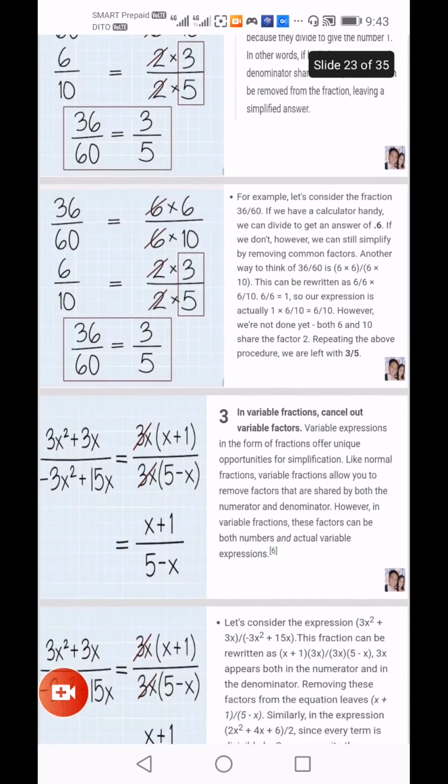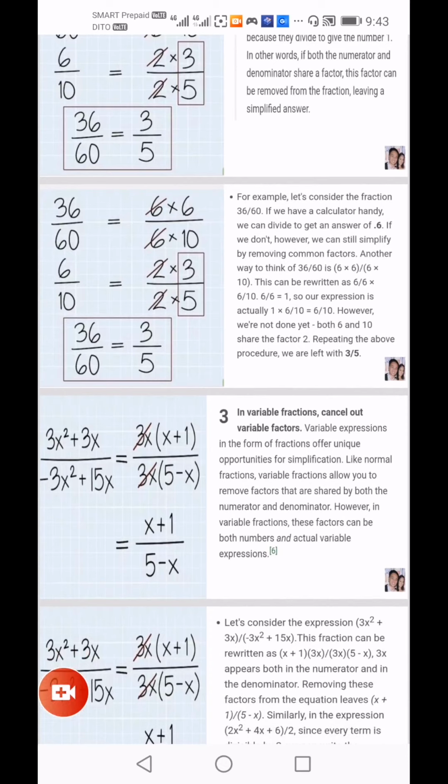For example, let's consider the fraction 36 over 60. If you have a calculator handy, you can divide to get an answer of 0.6. If you don't, however, we can still simplify by removing common factors. Another way to think of 36 over 60 is 6 times 6 divided by 6 times 10.